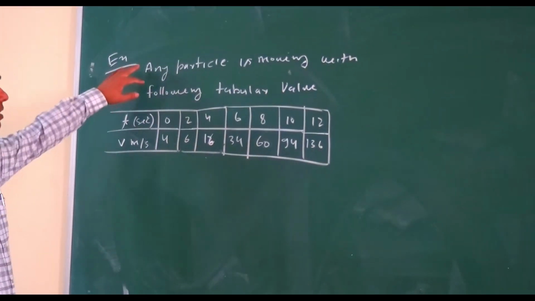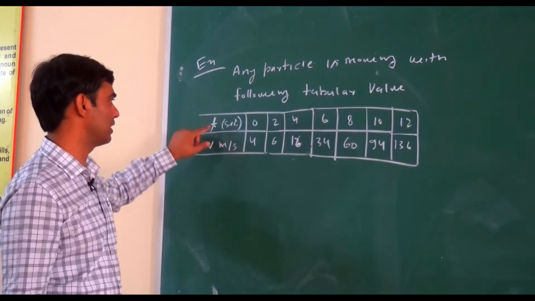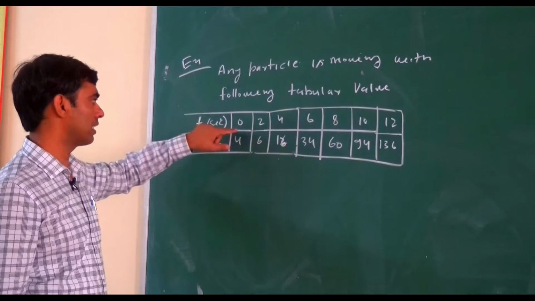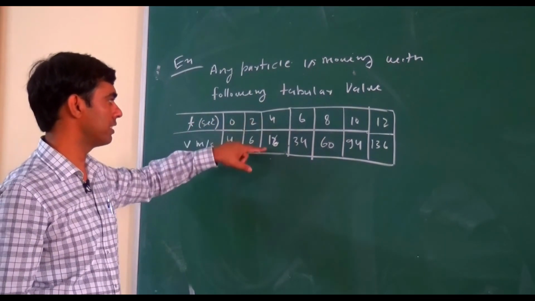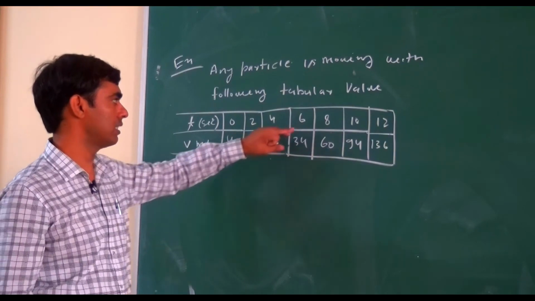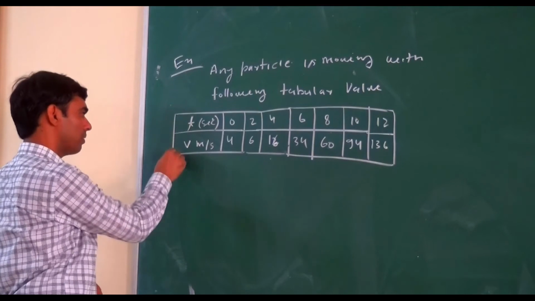The problem is: a particle is moving with the following tabular values. At time 0, the velocity is 4. At time 4, the velocity is 16. At time 10, the velocity is 94. Now what is the problem?